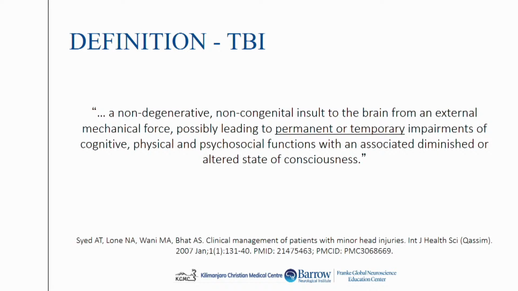Again, whether that's cognitive, physical, psychosocial. So it's really anything that impairs the brain temporarily or permanently from an external force, again, that we can't attribute to something like genetics or degenerative conditions.